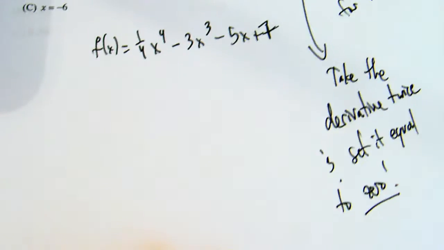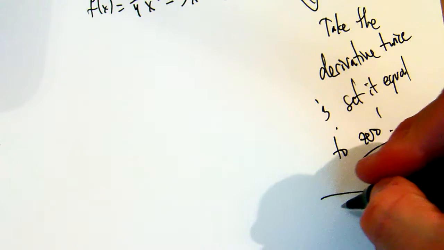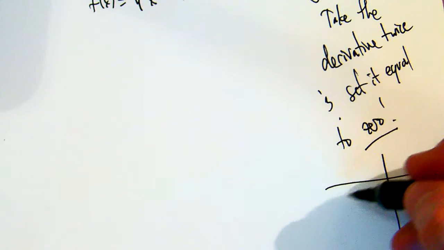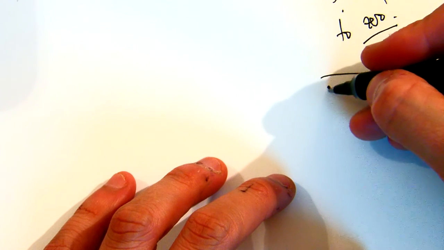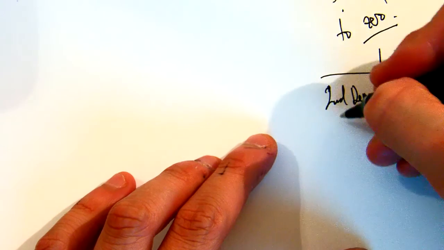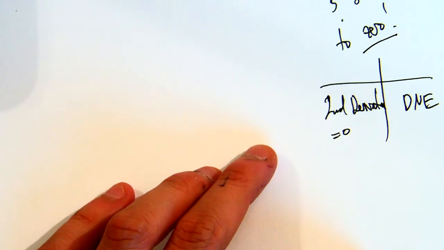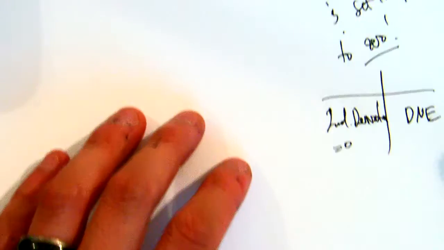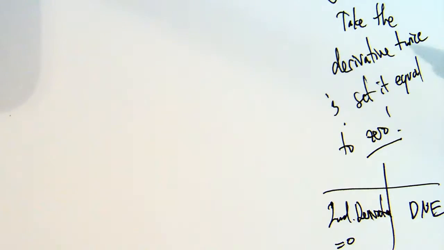Remember, when you do so, you're going to find where the second derivative is 0 or it does not exist. These are our two options here. But you notice it says we want to take the derivative twice. Of what? Of what we're trying to find the point of inflection of.